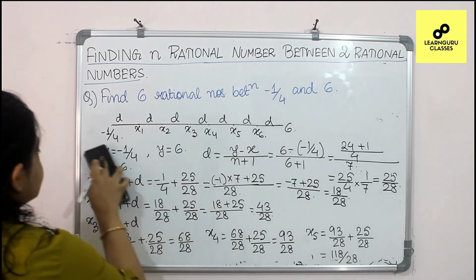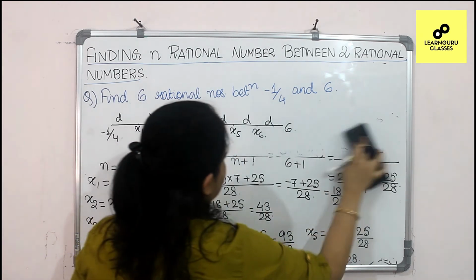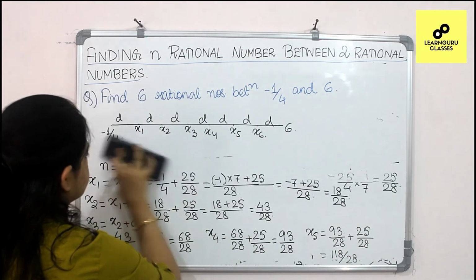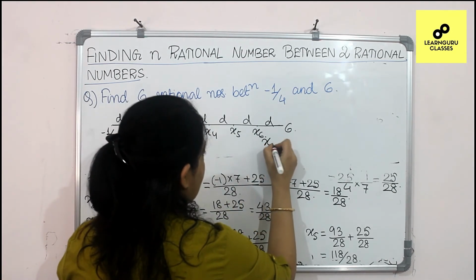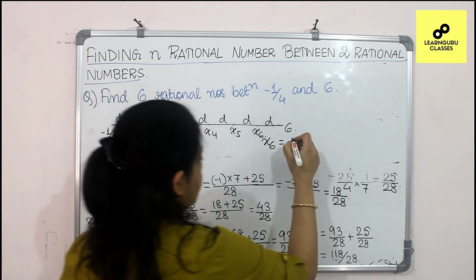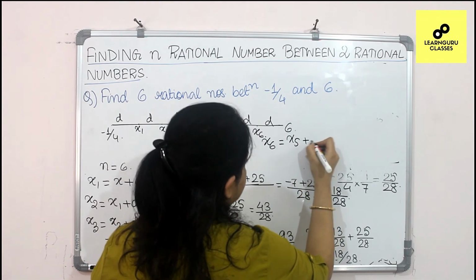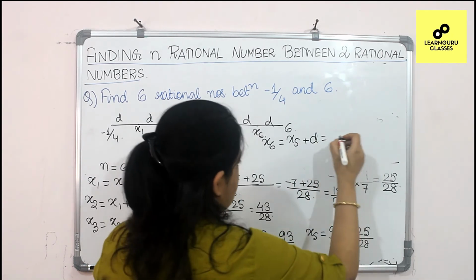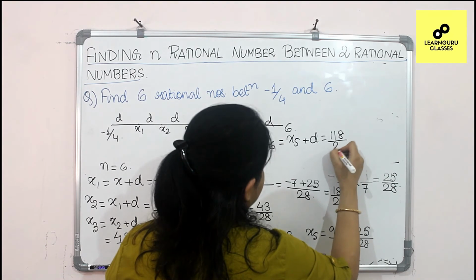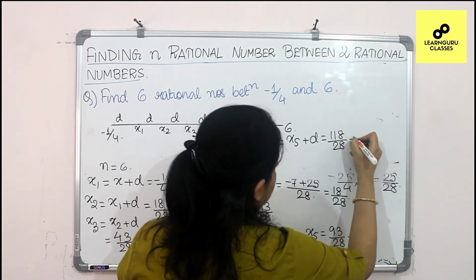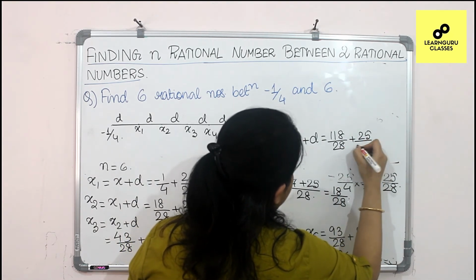Okay, so I will just rub it. x6 you are getting as x5 plus d, that is 118 by 28 plus 25 by 28.